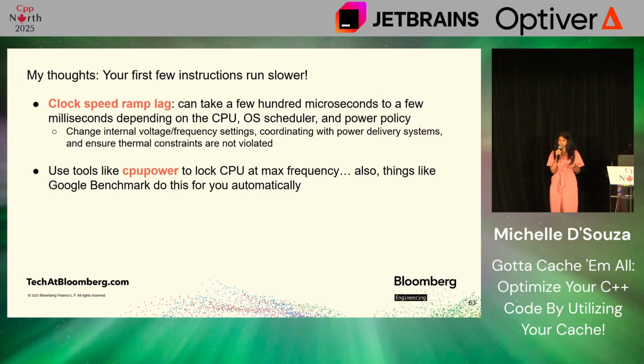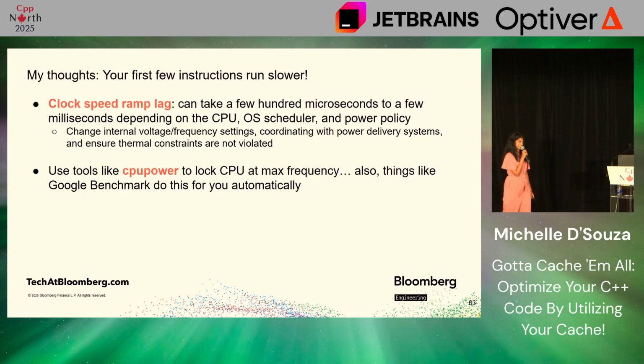You can use tools like CPU frequency or CPU power to lock your CPU at max frequency. And profiling tools like Google Benchmark do this for you automatically. I was just being a bit of an idiot and using std::chrono.